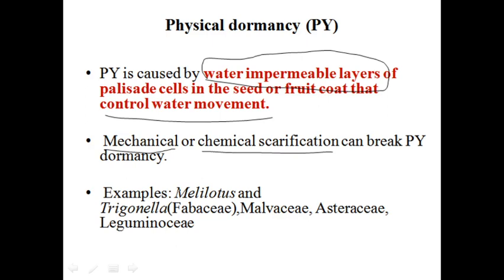Melilotus and Trigonella, which are from the Fabaceae family, commonly called methi. Then a number of members from the families Malvaceae, Asteraceae and Leguminosae have physical dormancy. Most of the time they have a hard seed coat that is impermeable to water.